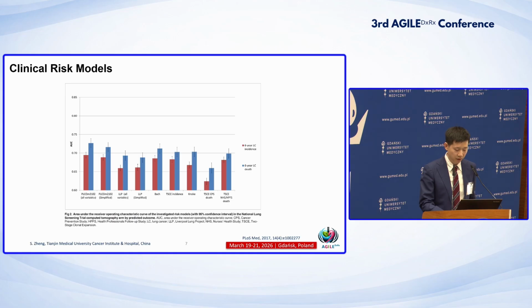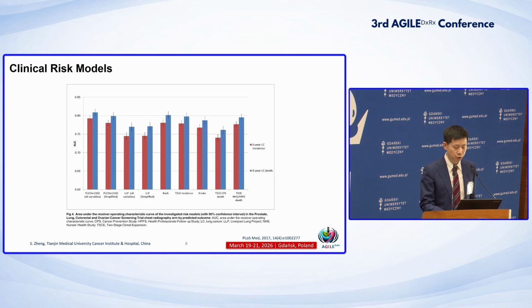And among these models, PLCO and the BAC models perform the best, with an AUC of more than 0.68 on the NLST CT dataset.